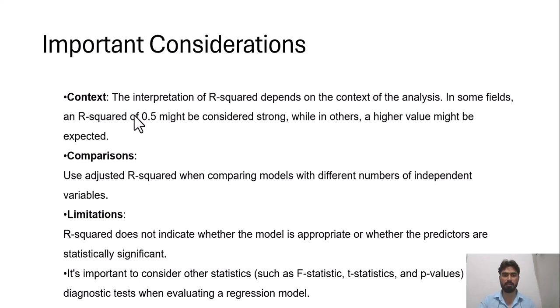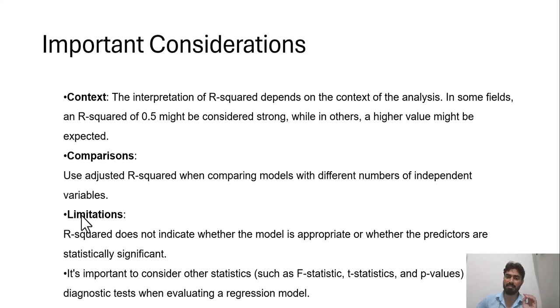And the second one is the comparison between adjusted R-square and R-square, which I have already discussed: adjusted R-square shows the variation of those variables which we are including or excluding from our model. The last thing is the limitation of R-square. Basically, R-square tells us how much variation there is in the model.